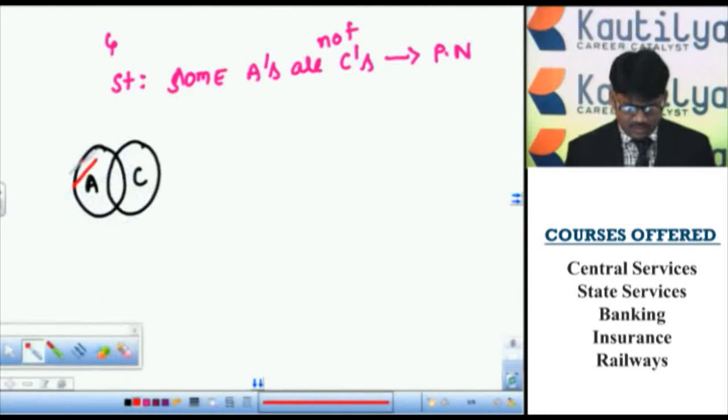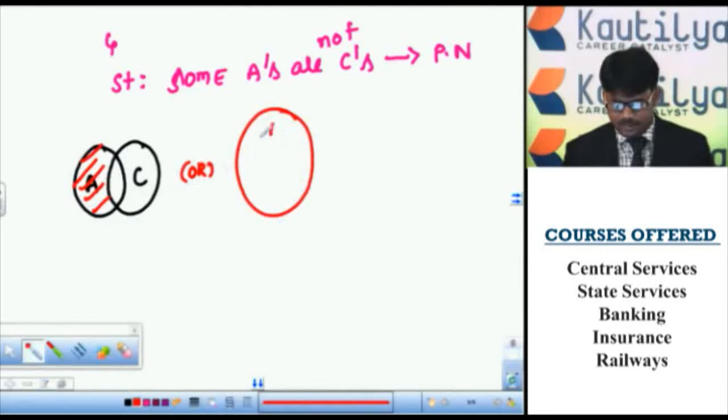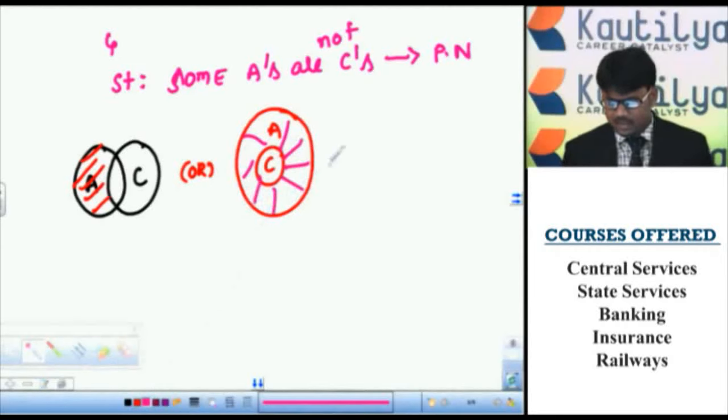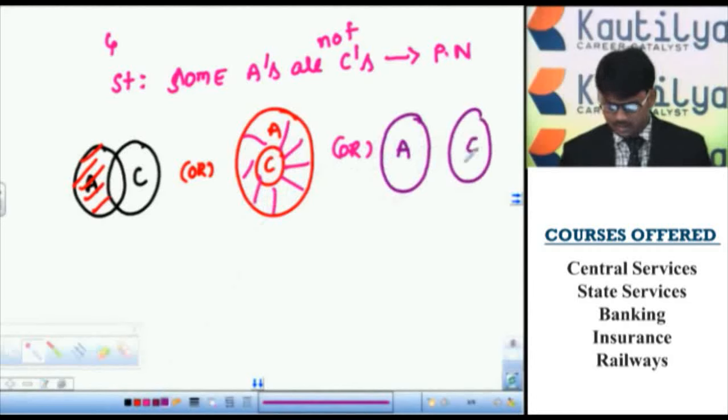Some of the A's do not belong to C's in one diagram, and in another diagram all A's are inside some of C's, and some do not belong to C's. In another representation, the diagram is no A's are C's.